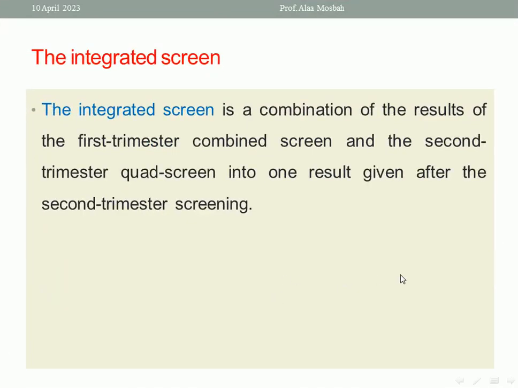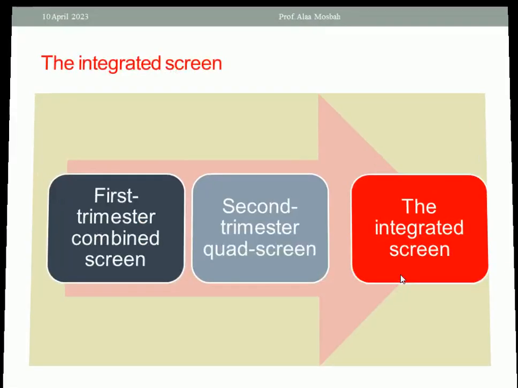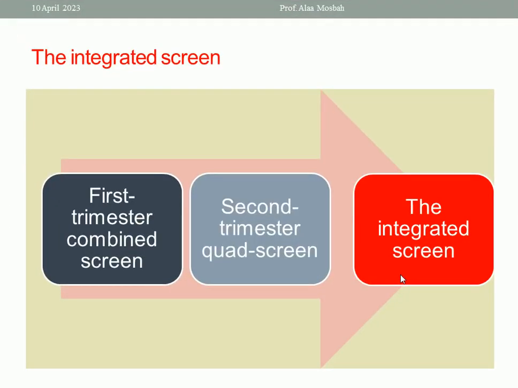So what is the integrated screen? What does it mean? The integrated screen is a combination of the result of the first trimester combined screen and the second trimester quad screen into one result given after the second trimester screen. So look at this figure, please.